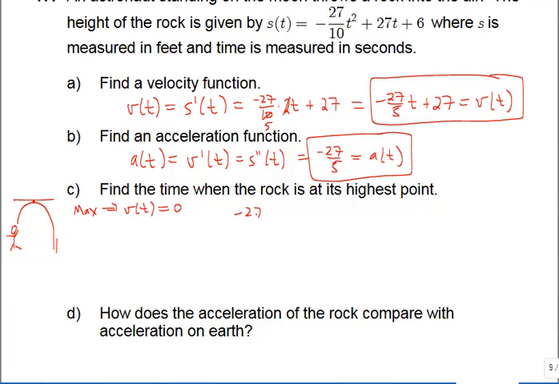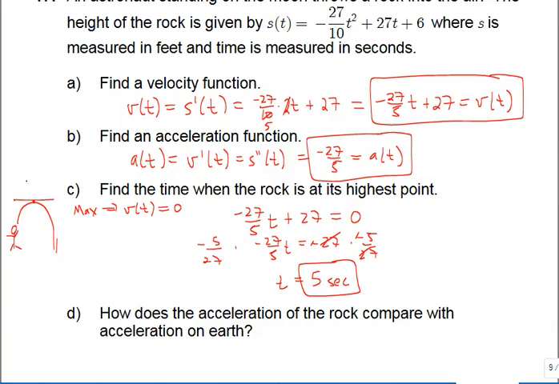So all we have to do is take that first derivative and find out when that slope is going to be 0. So if I subtract 27 over to the other side and then multiply by the reciprocal, negative 5 27ths, the 27ths and the negatives cancel out, so t is just 5. So in 5 seconds, that rock is at its highest point.